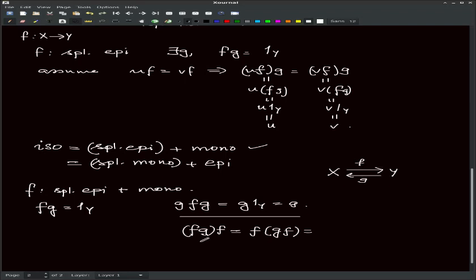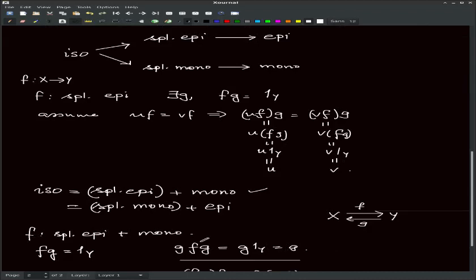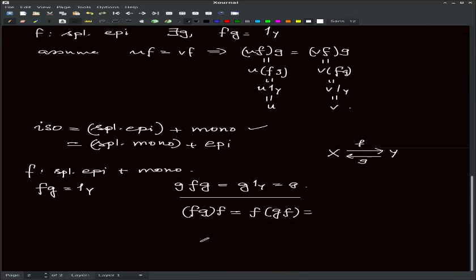Okay, but then when you say it's a mono, you mean that it's 1-to-1. F is 1-to-1. Yes, something like that, but it's better that we do not bring in that intuition. We just rely on this algebraic manipulation.